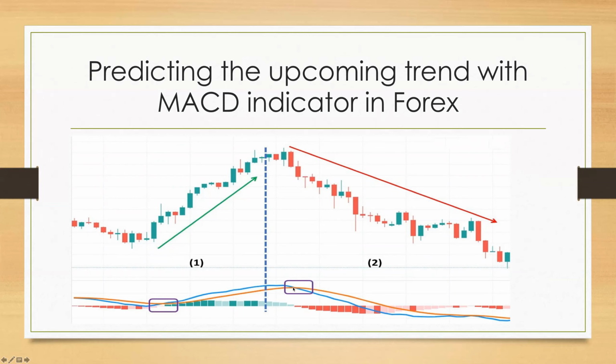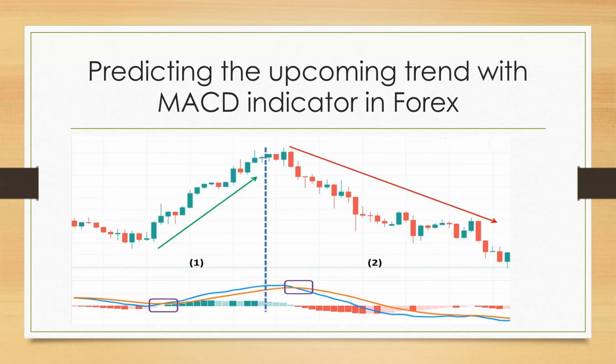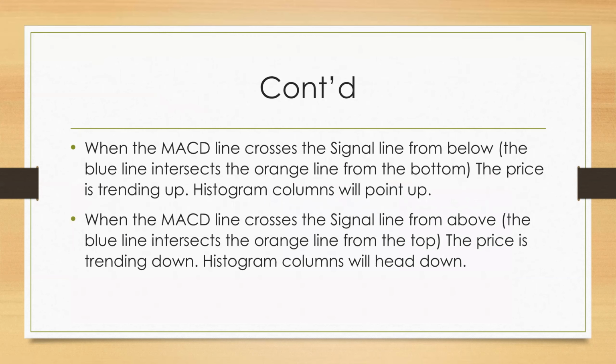And look what's happening. The MACD is going downwards. So once we have the MACD moving in the direction of price, this is when we have convergence taking place. So we're using it as our convergence indicator, right? So the convergent characteristic of the MACD is when the MACD moves in the direction of price. So this is the first characteristic that shows convergence.